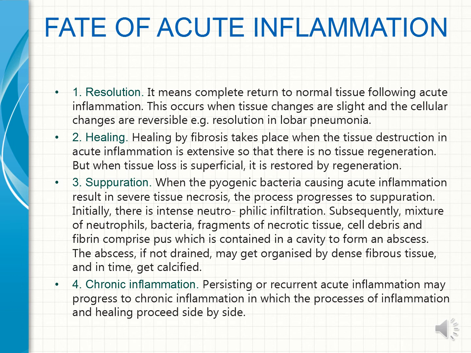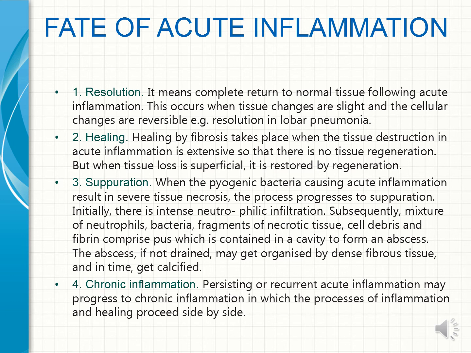Next example is suppuration. When the pyogenic bacteria causing acute inflammation result in severe tissue necrosis, the process progresses to suppuration. So, for example, such inflammation could be also after even viral infections and other pathogenic stimuli.